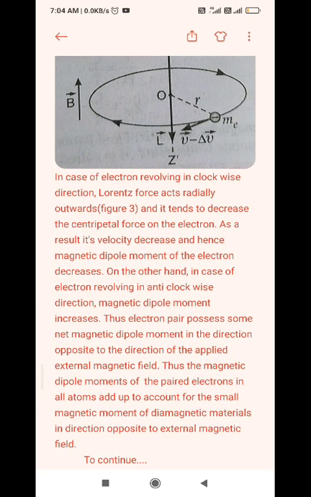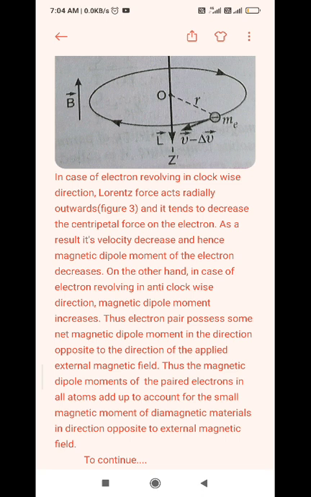Hence the net magnetic dipole moment on the two paired electrons is not zero. So now there develops a net magnetic dipole moment, which is in the direction opposite to the applied external magnetic field.